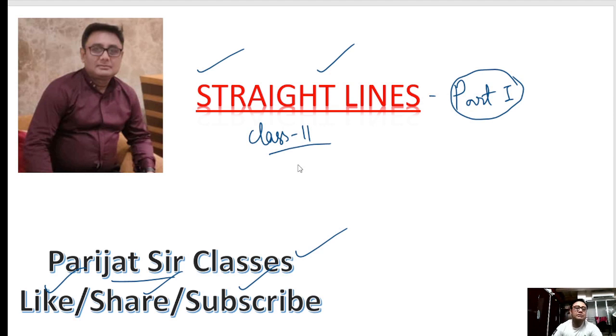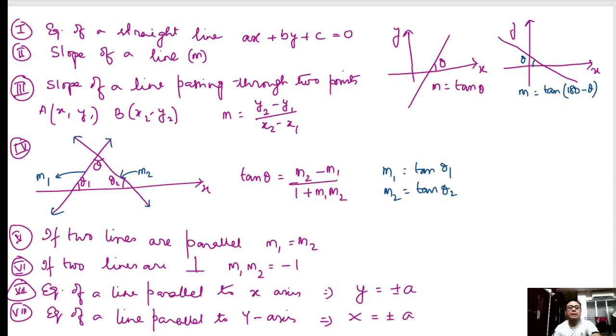So let's get started with straight lines. Initially, as you can see here, first we will be dealing with some important topics of straight lines. How does a straight line equation look? It will look like ax + by + c = 0.